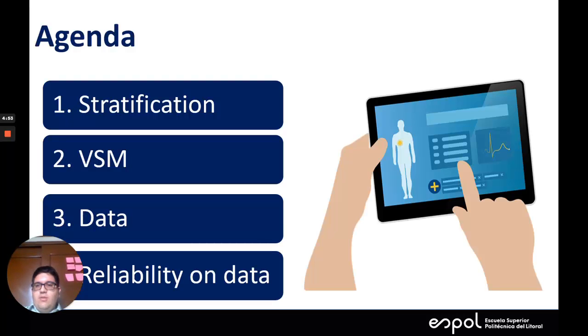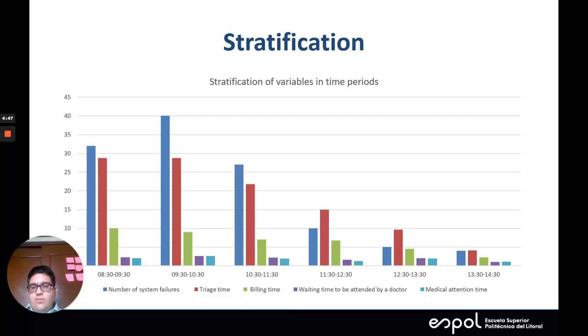Hello there everyone. Today I will share with you the second part of my simulation project. The first main topic is the stratification of variables. My variables are stratified by time periods due to the hospital's management, from 8:30 to 2:30 in periods of 1 hour.